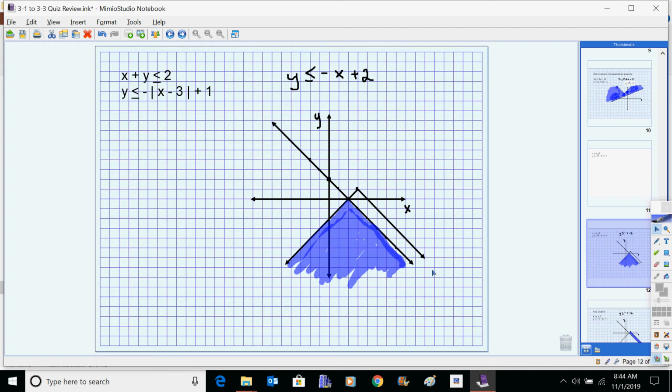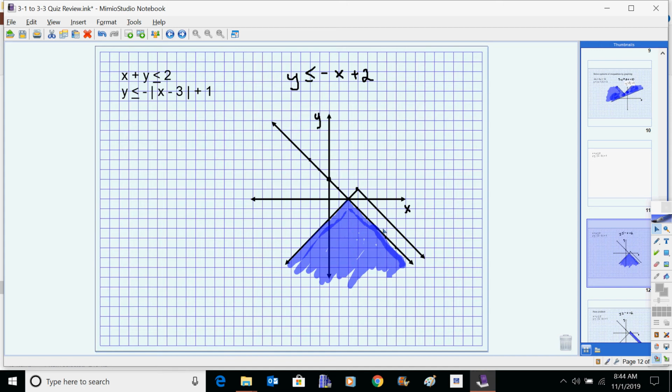For this one, even though it's absolute value and we go over 3, up 1, turn it upside down, it's also less than, so it's below. So here our overlap is this side of the line and also below the absolute value. So it turns out to be just this region in here.